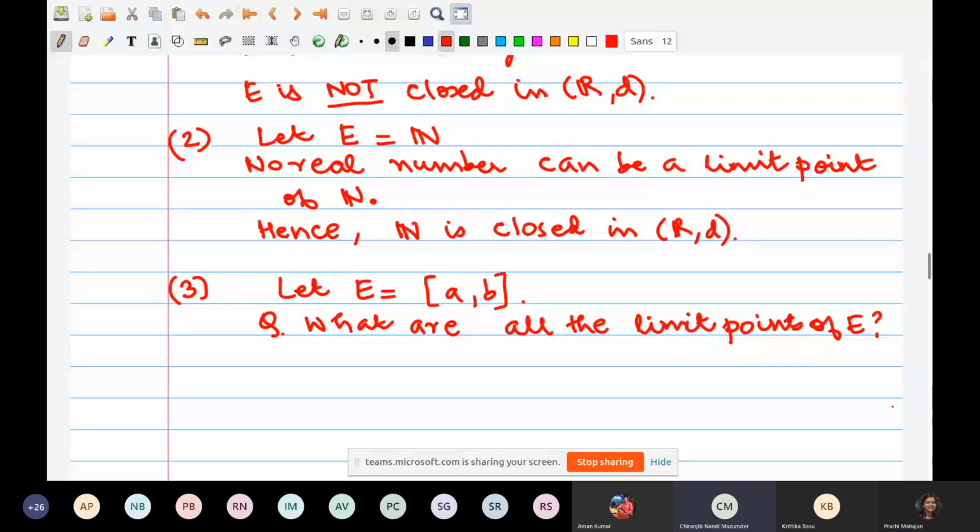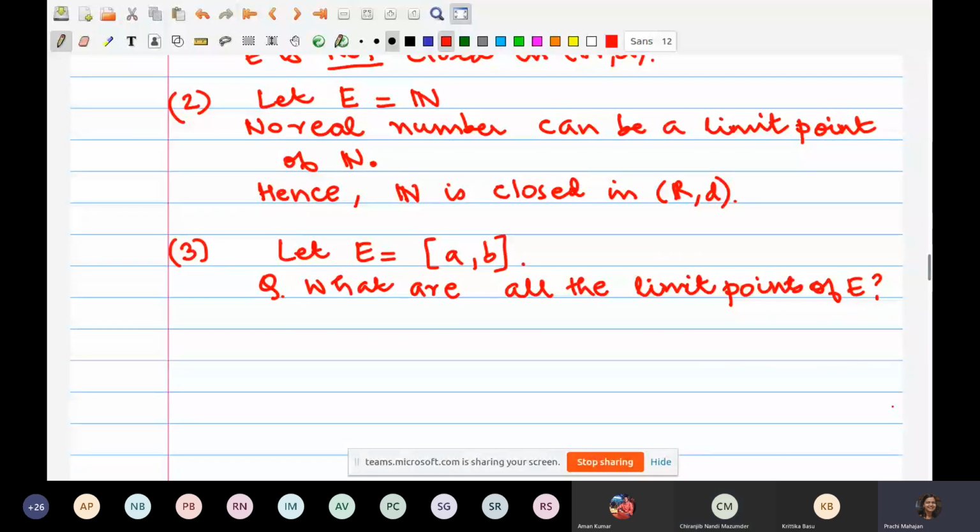The E itself, ma'am, so including all points. There is a certain claim required. So last time in the class, in the example, we saw that each point of the interval AB is a limit point.